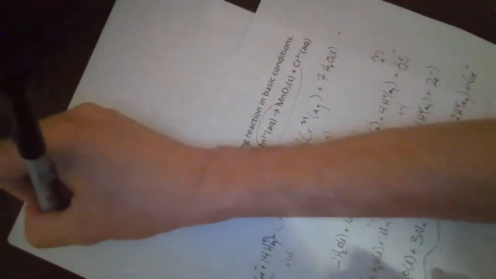So I've got my reduction step right here: 6 electrons plus 14 H+ plus Cr2O7 2- becomes 2 Cr3+ aqueous plus 7 H2O liquid.